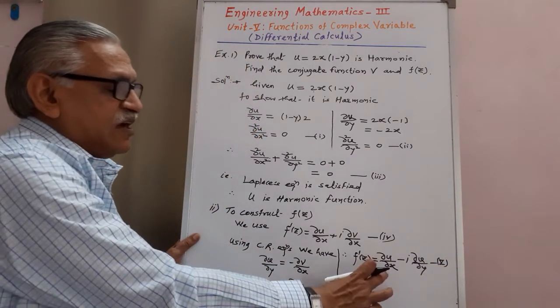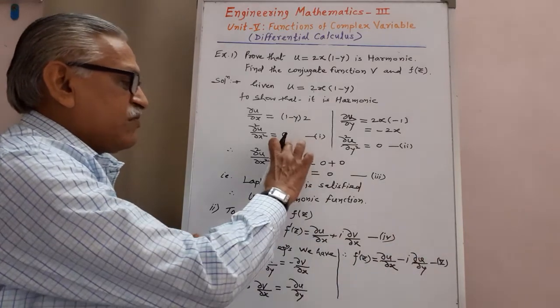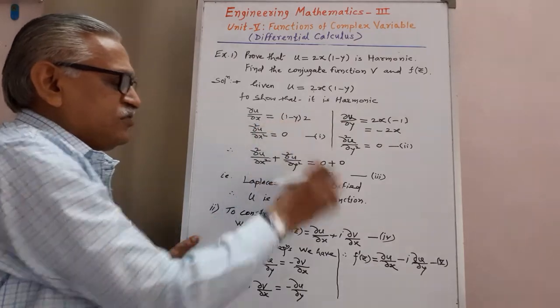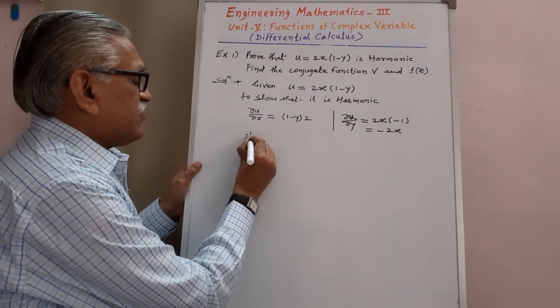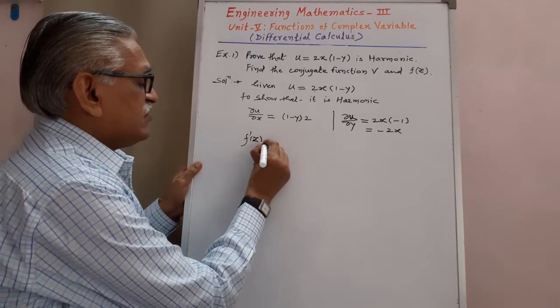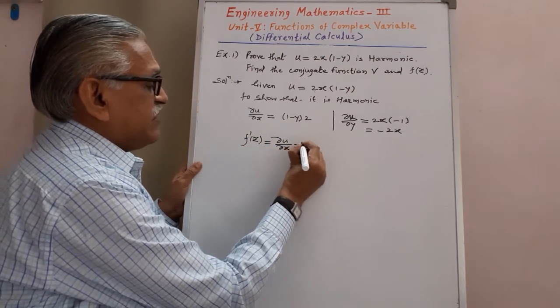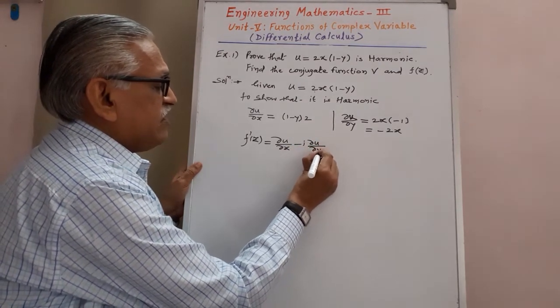And then substituting the values of ∂u/∂x and ∂u/∂y from equation 1, from the obtained values we have f'(z) as ∂u/∂x minus i times ∂u/∂y.